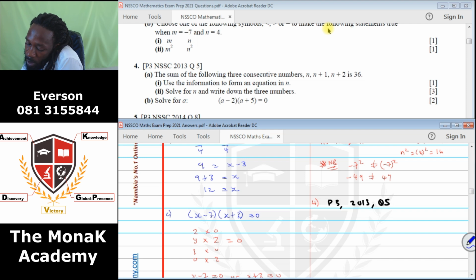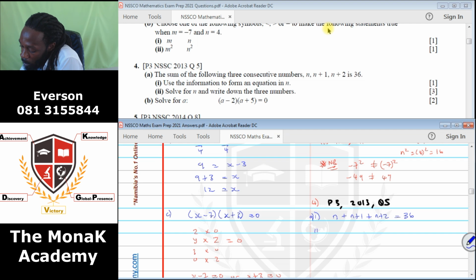Use the equation to form an equation in n. So we know that if you take n, you add n plus 1, you add n plus 2, you must get 36. That's the equation.